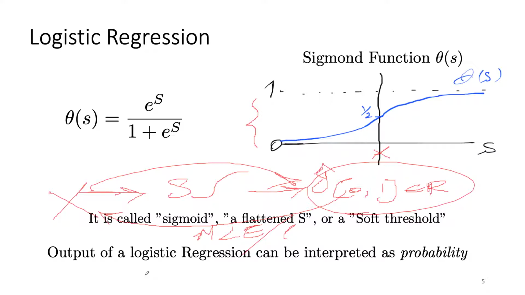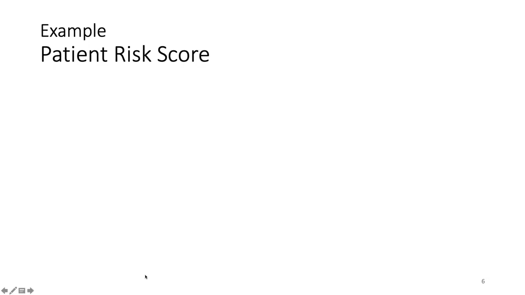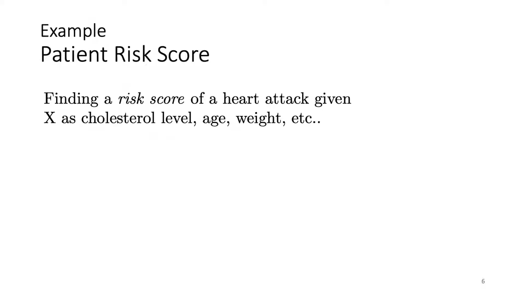But now, using logistic regression, we can define many other more intricate problems, like finding a risk score of a heart attack given x, such as cholesterol level, age, weight, and so on. So now we can output a probability as a risk score, say 20%, 30%. This makes it applicable to many other problems and easier to understand.